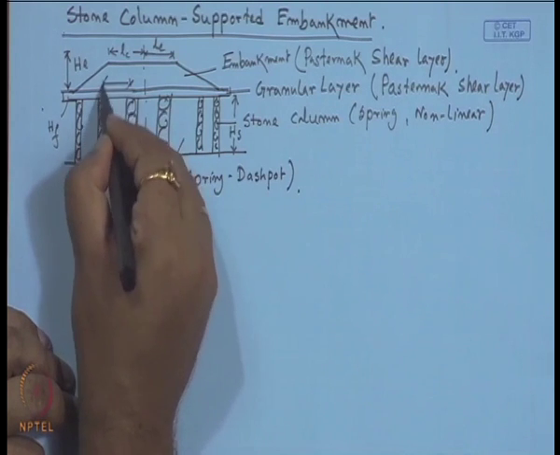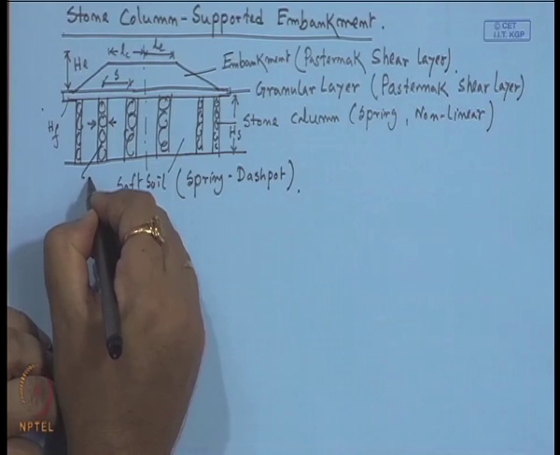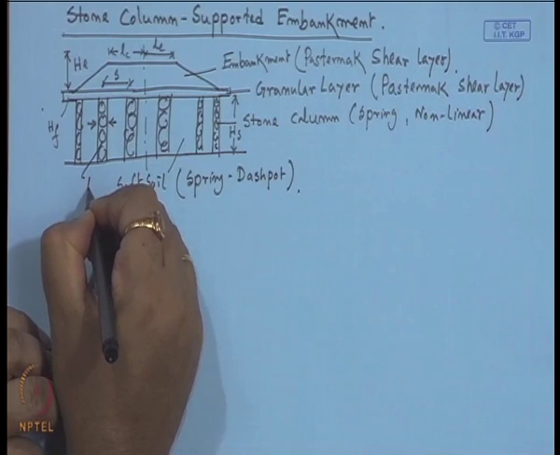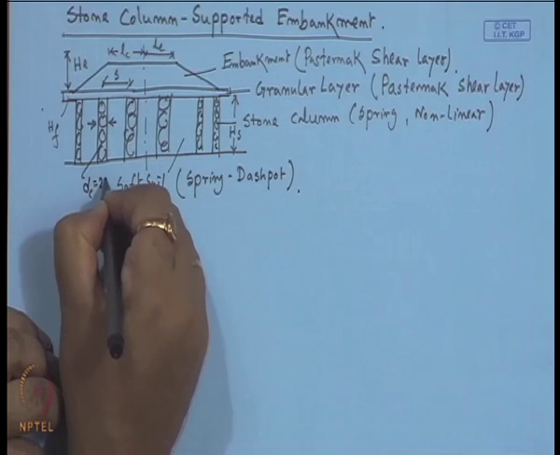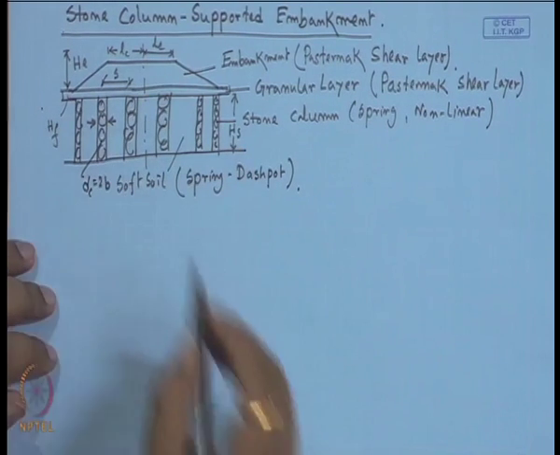S is the spacing between stone columns, D C equal to 2B is the diameter or width of the stone column. So, this is a plane strain analysis.